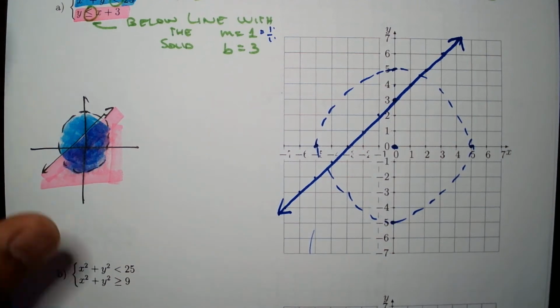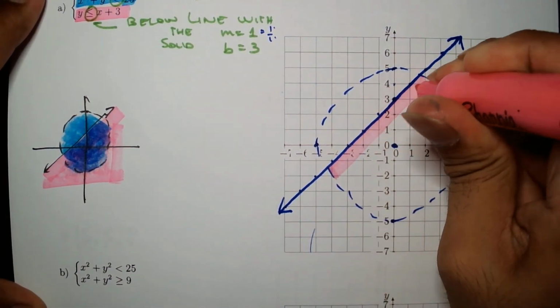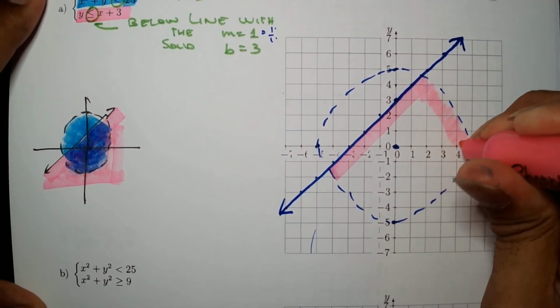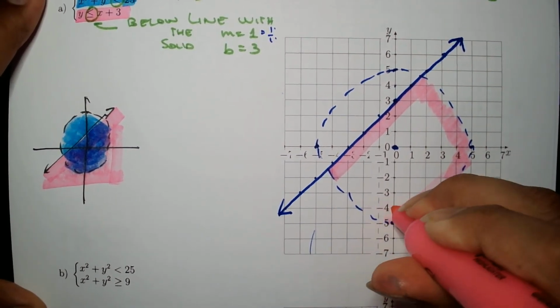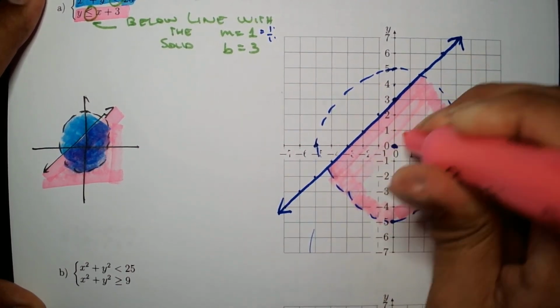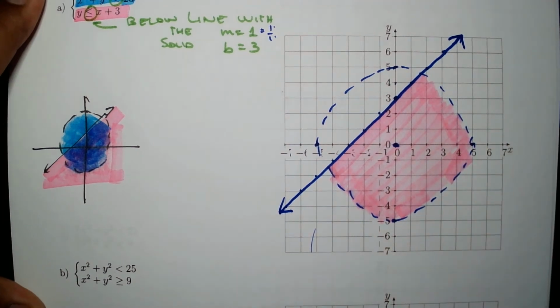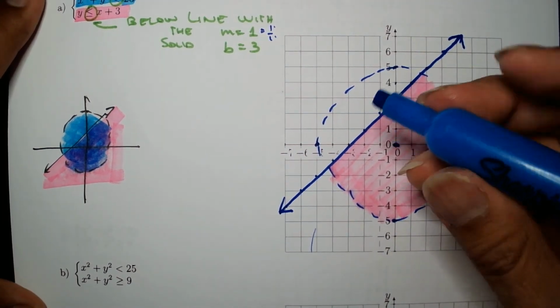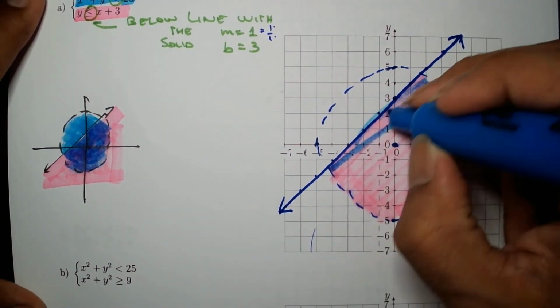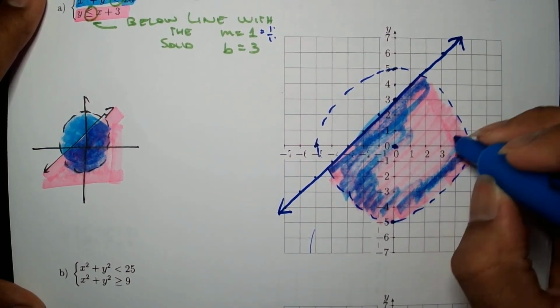So in this case, it's below the line but inside the circle. That's where I'm going to shade. All right. So let me do the pink first. And let me now do the blue to make this purple. All right.